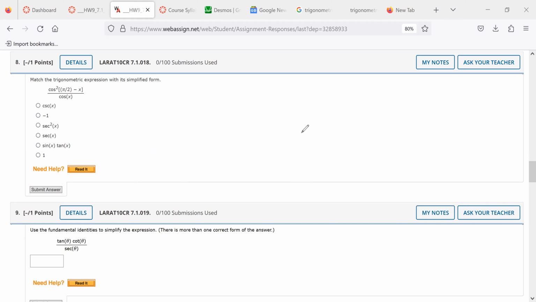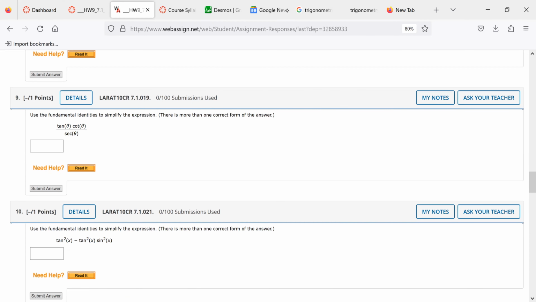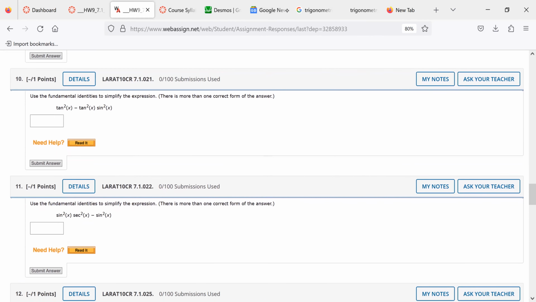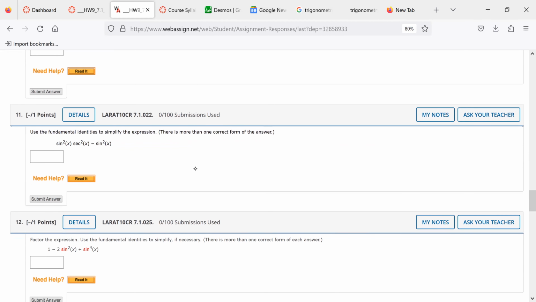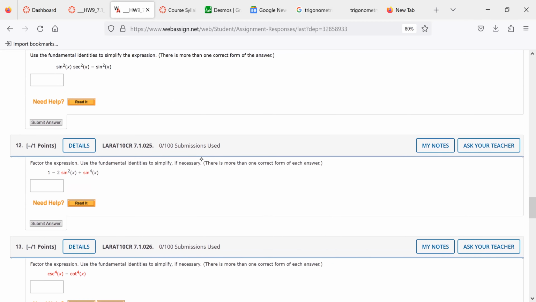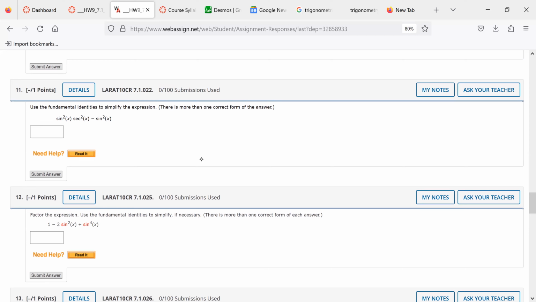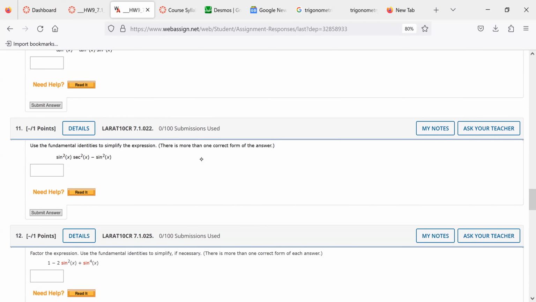Annotate. They're all pretty much similar. They're just using different techniques. Here we're doing factoring and seeing if we get an identity.